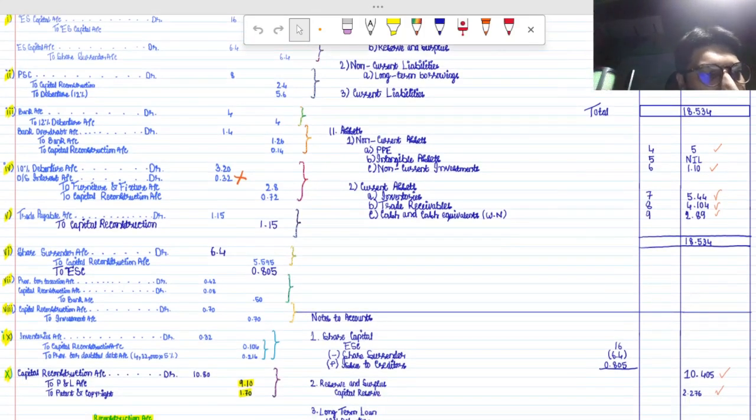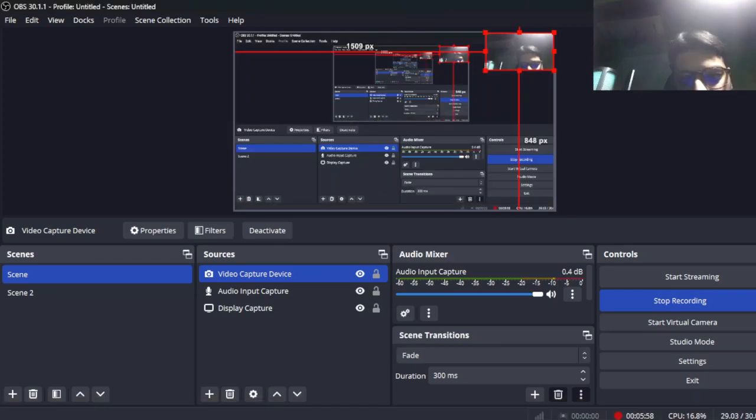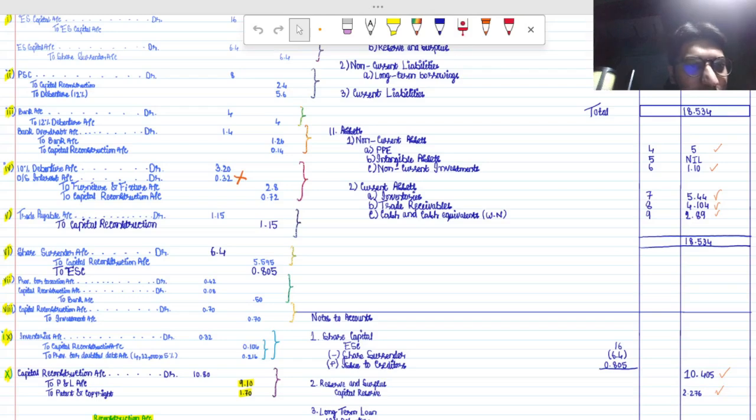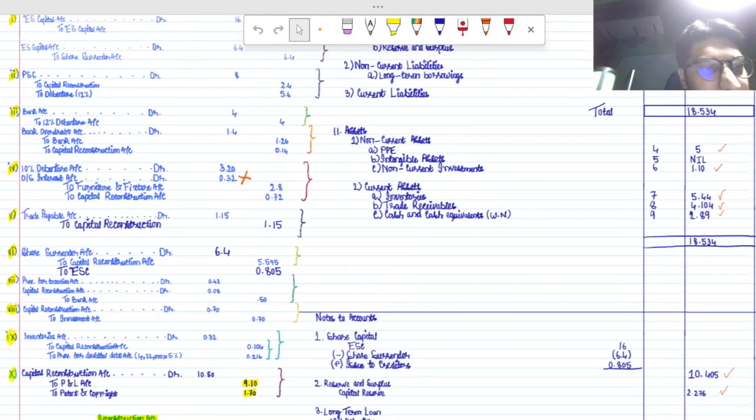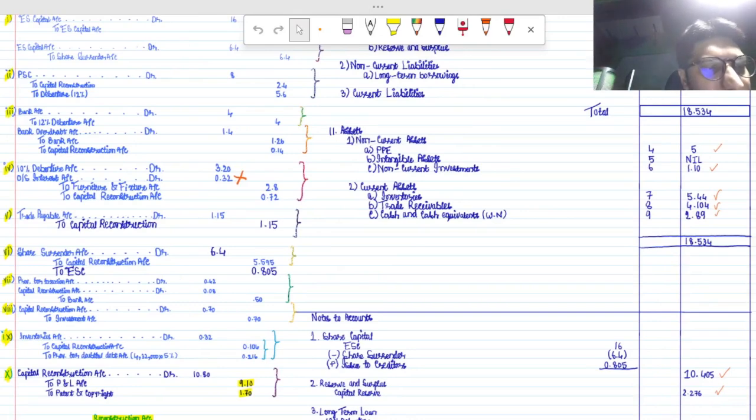Now we are going to the fifth entry. The fifth entry is trade payable account debit to capital reconstruction 1,15,000.